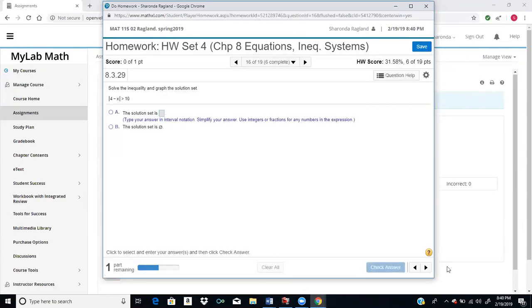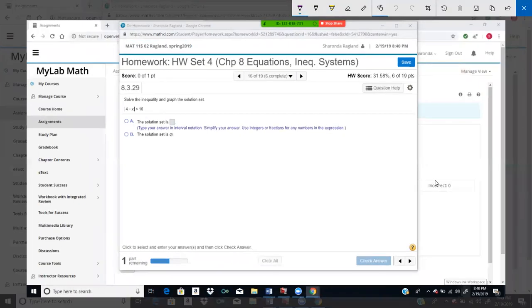Okay, we got another problem. So let's put this on the board. So here, again, this is case 3. Therefore, that would be 4 minus x greater than 10, or 4 minus x is less than negative 10. And then you solve your inequalities, but just realize you're dealing with an or statement.